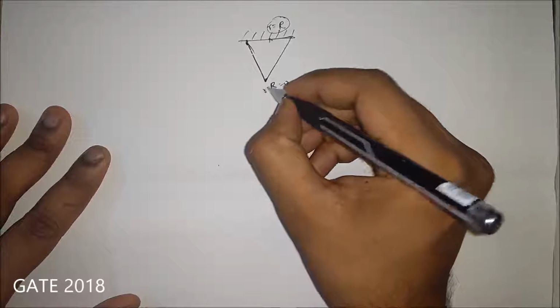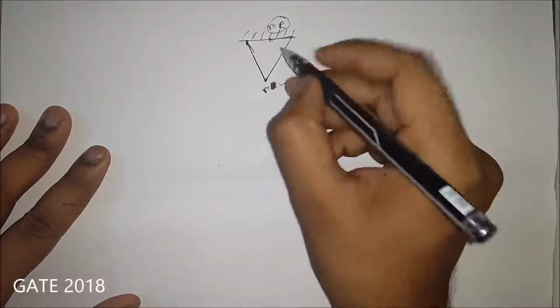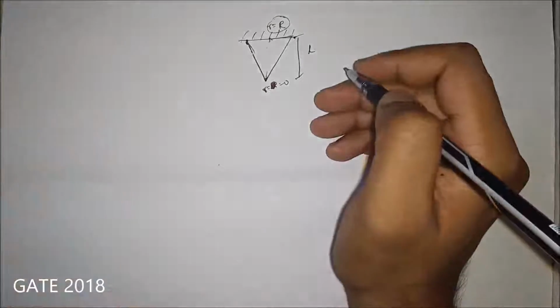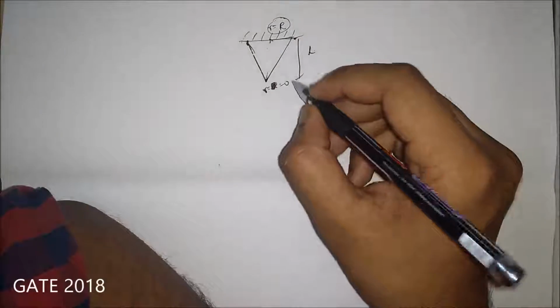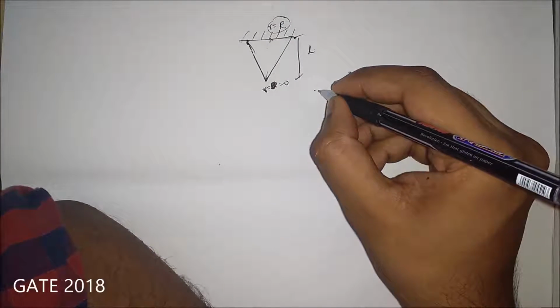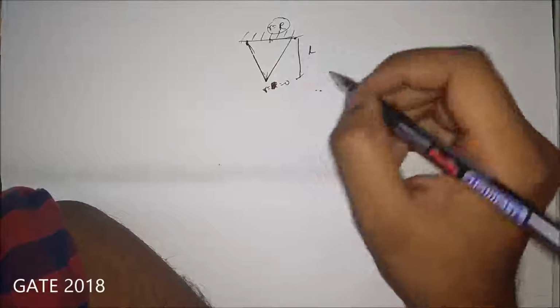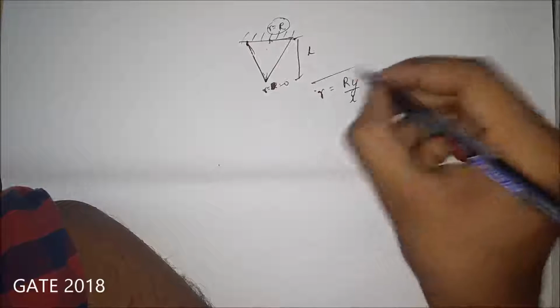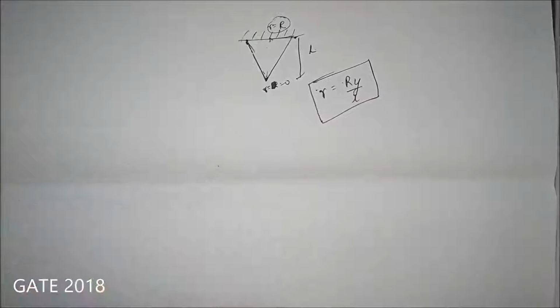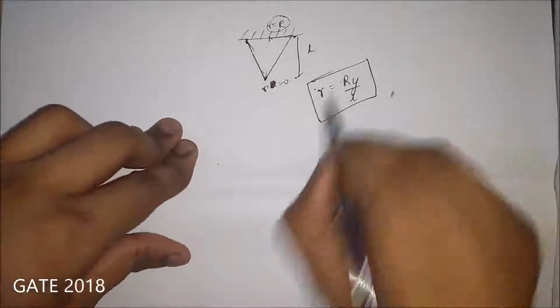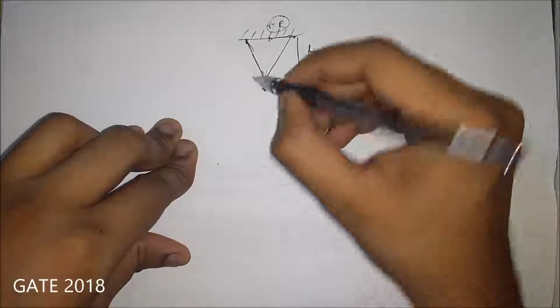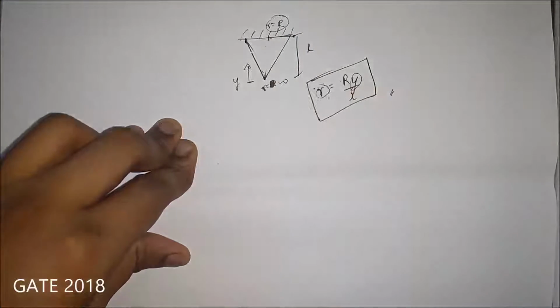We take small r as a function which varies over the length L. Using a straight line we can find the equation with which the radius is varying. I want you to try it out. If you have any doubt, just comment in the comment box. Okay, we will get it like this. Small r is varying with y, where y is taken from the bottom.